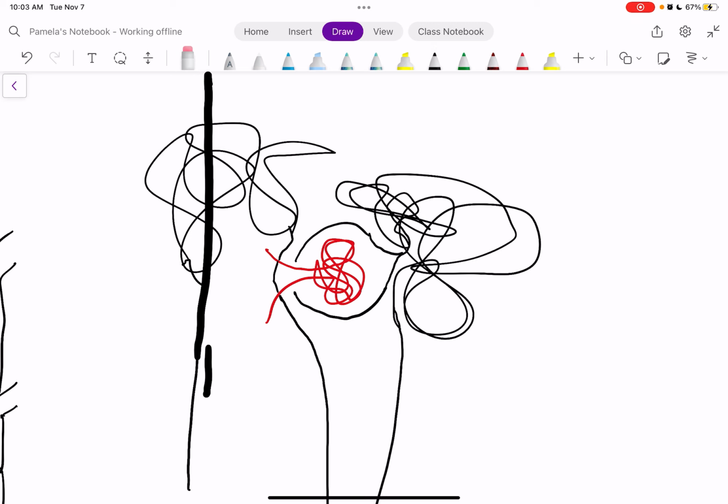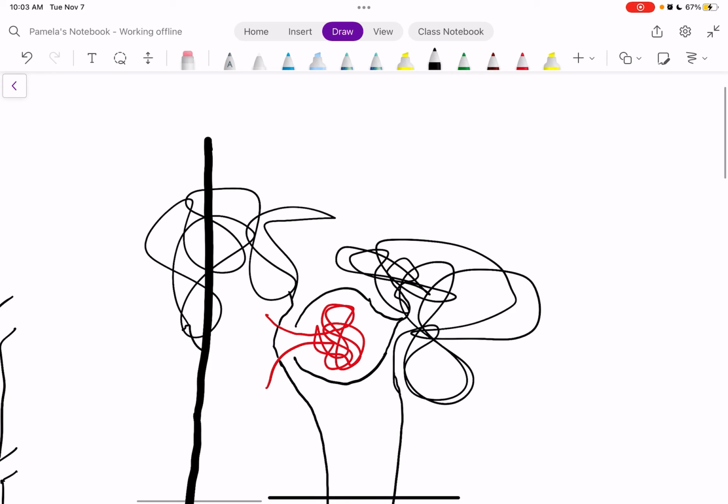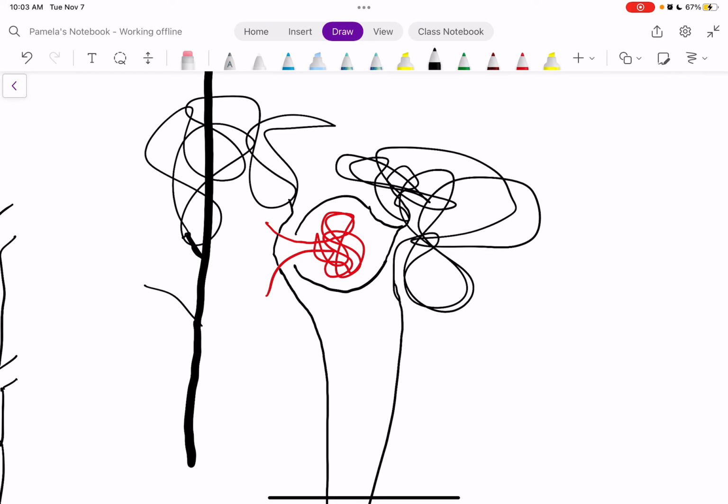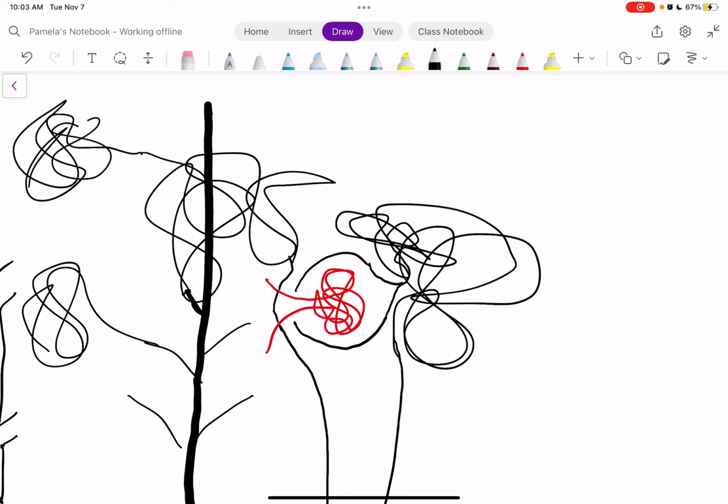Maybe the collecting duct runs through the background here. But this nephron is connecting to the collecting duct, maybe here, okay, right in here. And then we would have multiple nephrons connecting to this collecting duct. So we would have like another nephron over on this side, coiled up over here, another nephron over here with its own glomerulus, another nephron over here with its own glomerulus.